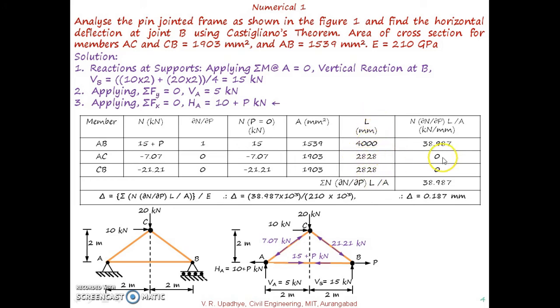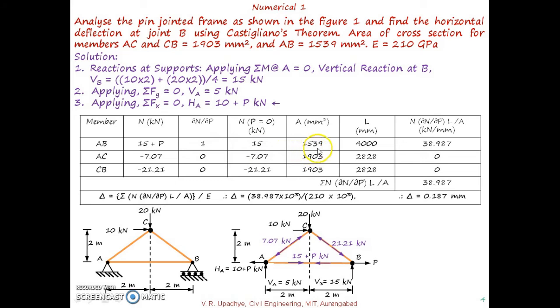And then in the next column, what we need to calculate is column number 4, that is N, when P is equal to 0, or P whatsoever if it is existing in that direction, then that is to be considered. Then del N by del P in the third column.